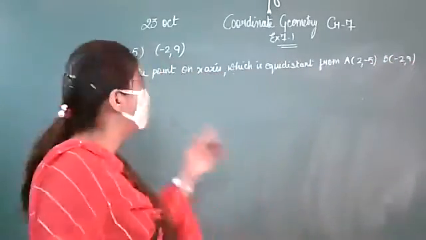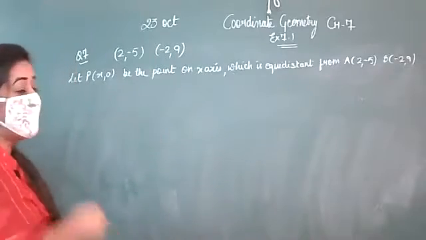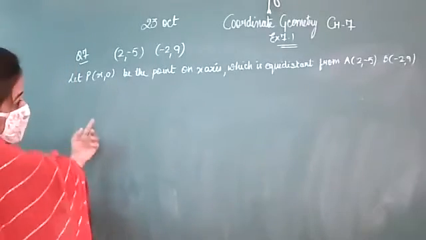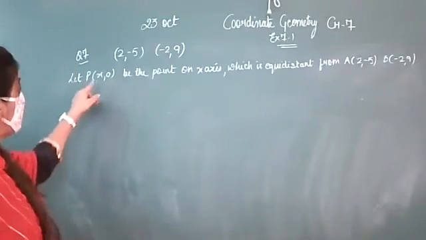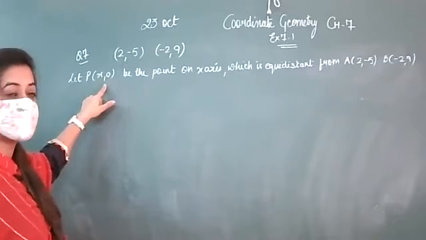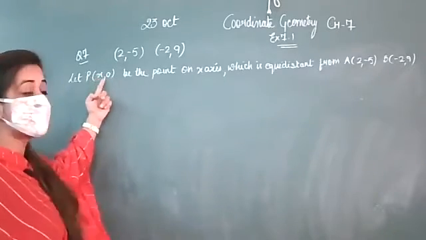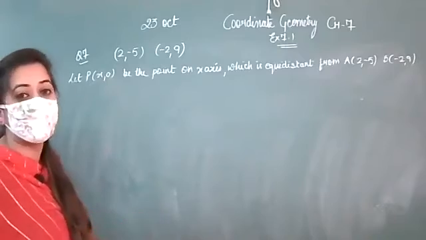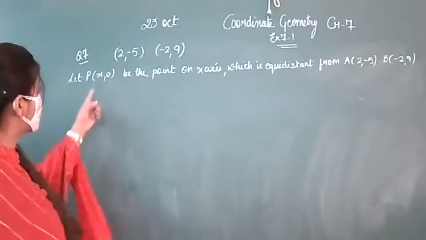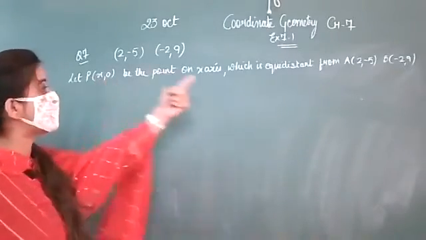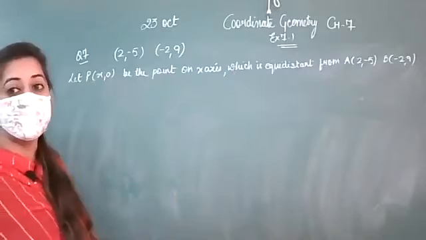So this is the point P(x, 0). But this condition is given in the question that the point is lying on x-axis. That means its y coordinate must be 0. If you take x and y here, you won't be able to reach the answer. So it's necessary that this point is equidistant from A and B.